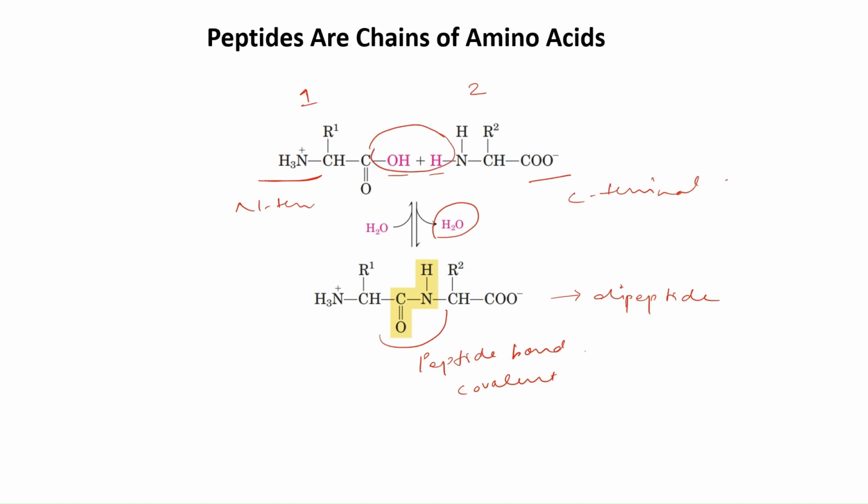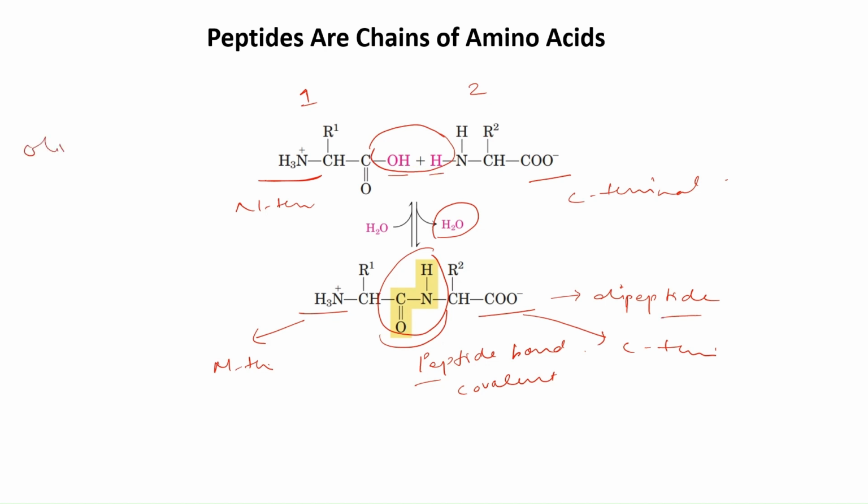So after the formation of a dipeptide molecule, the carboxyl terminal of one amino acid and the amino terminal of another are linked together through a peptide bond. Now the free ends are the N terminal of the first amino acid and the C terminal of the second amino acid. Here two amino acids are linked together, that's why this is a dipeptide molecule.